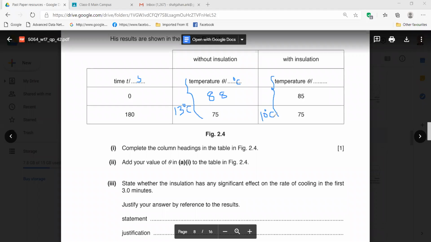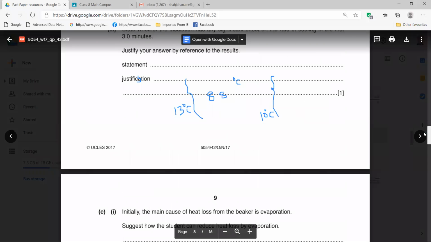So what can we write here in the justification? Organize your ideas, then you tell me. Can I write like this? With insulation, the rate of temperature decrease is less.